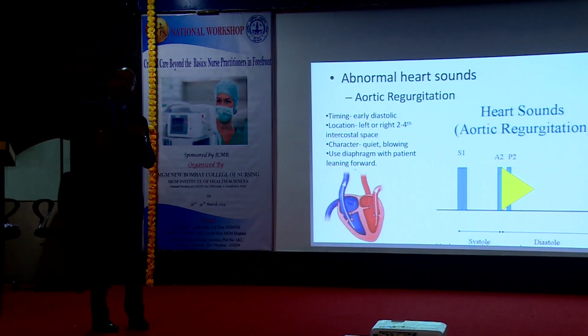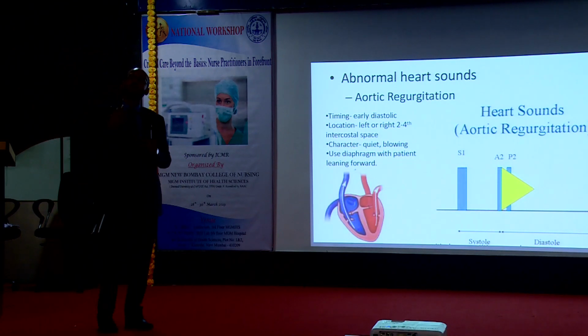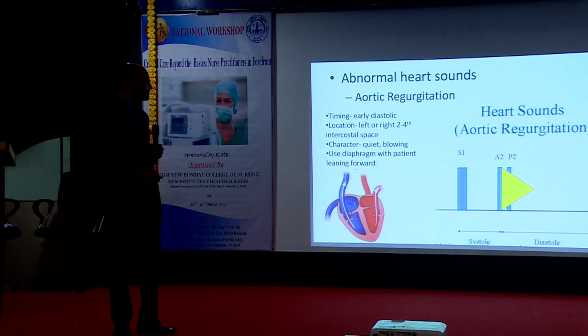Okay? Because the blood that goes into the aorta doesn't get stuck there, it keeps flowing back. Auscultate at the Erb's point, ask the patient to bend forwards and listen. You'll hear it better. And it's generally a soft blowing kind of murmur. It's not a harsh murmur, it's a blowing murmur.